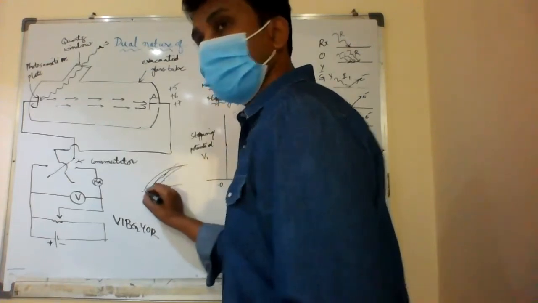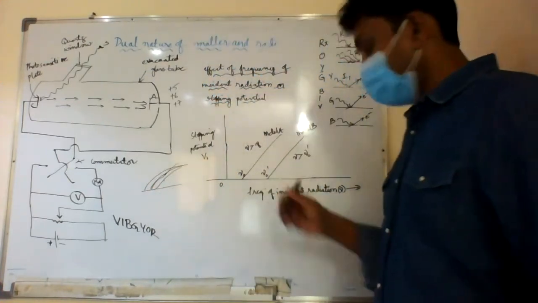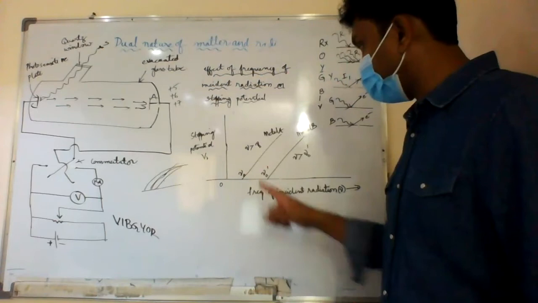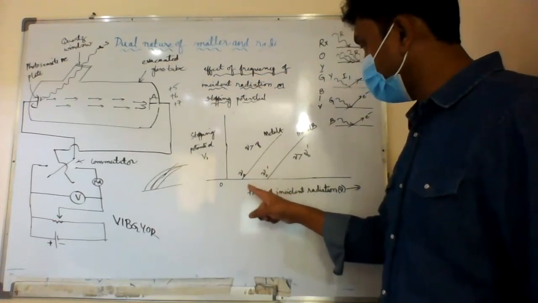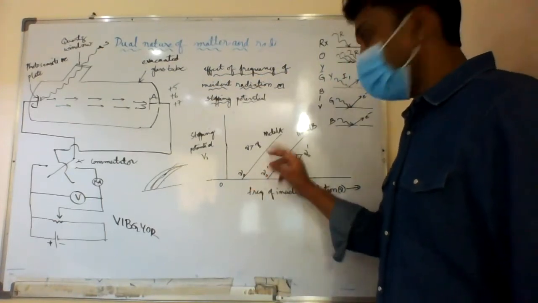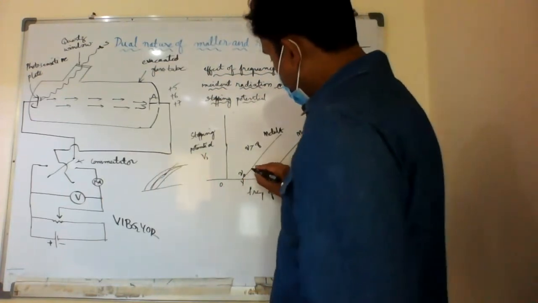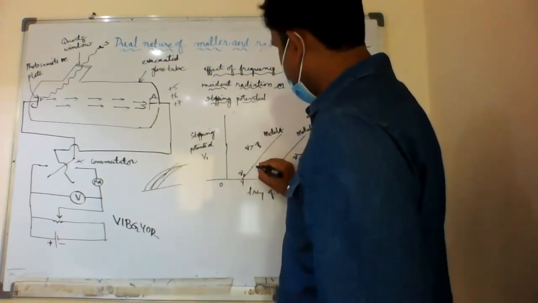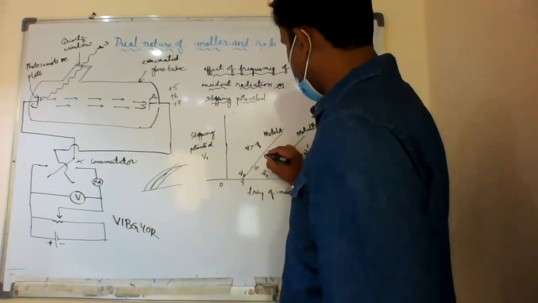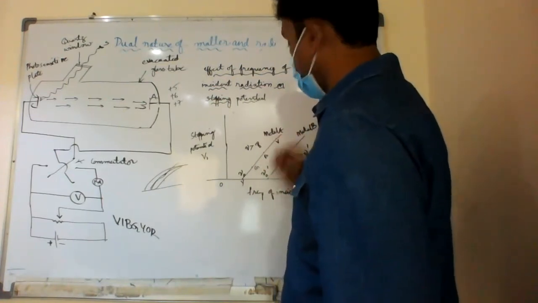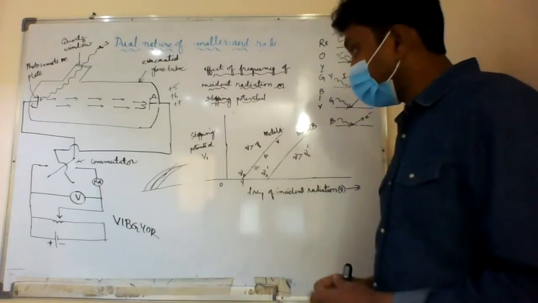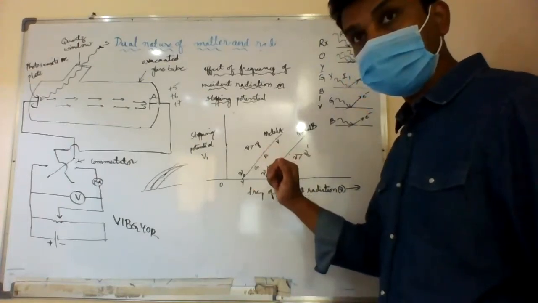Stopping potential is also changing, right? So as you are increasing the frequency, maybe it is here yellow color light, maybe this is green color light, this is blue color light, this is violet, maybe like this. As you are increasing the frequency, stopping potential is also increasing.